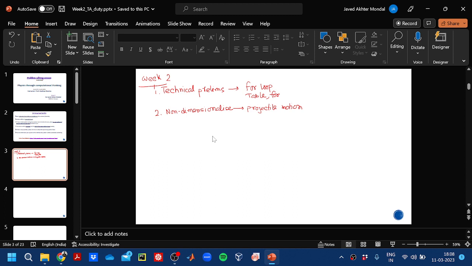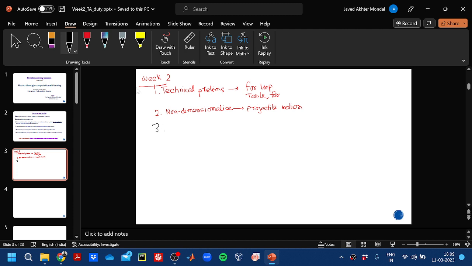When we are dealing with numerical simulations, it is always handy to get rid of the parameter values, and one way is to non-dimensionalize the equation. After that, I will talk about a simple problem on simple harmonic motion, why it is so important in physics, and why it is so useful.